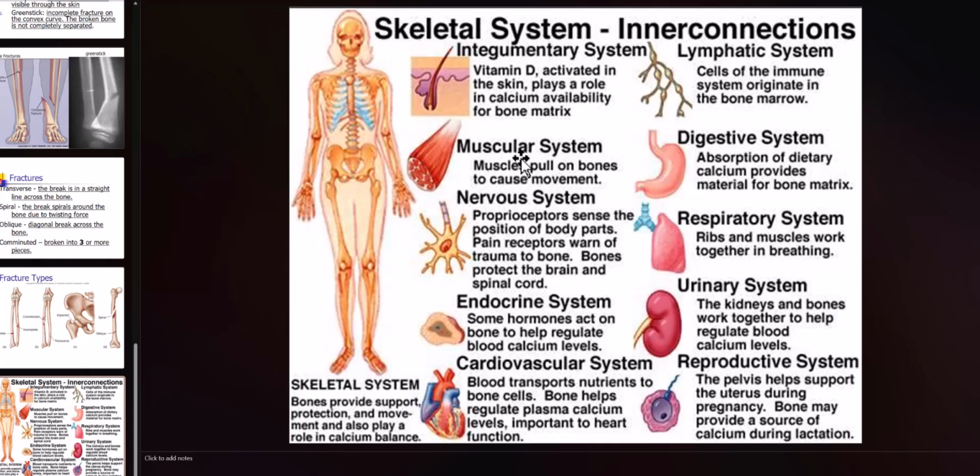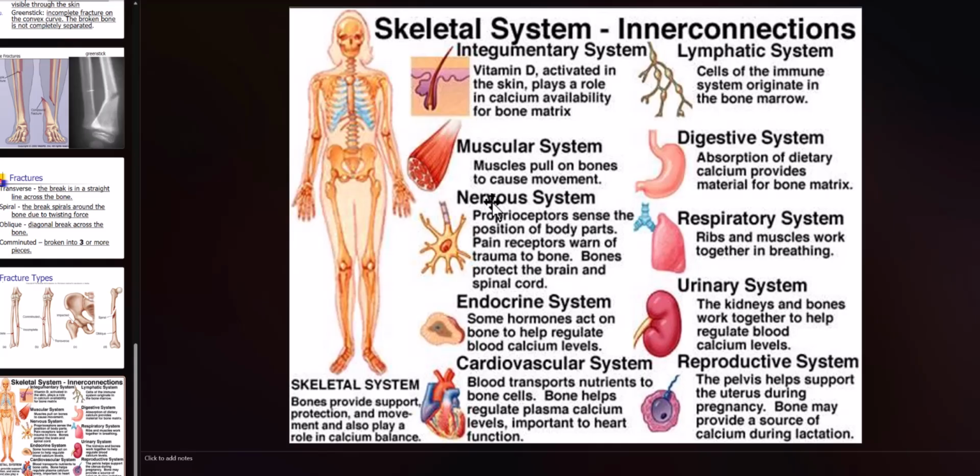You also very obviously know that bones and the skeletal system are connected to the muscular system because muscles attach to the bones through tendons, and the muscle contractions move our skeleton. You've seen in the osteon that in the central canal and in the Volkmann's canals, there are nerves that travel through the osteon.